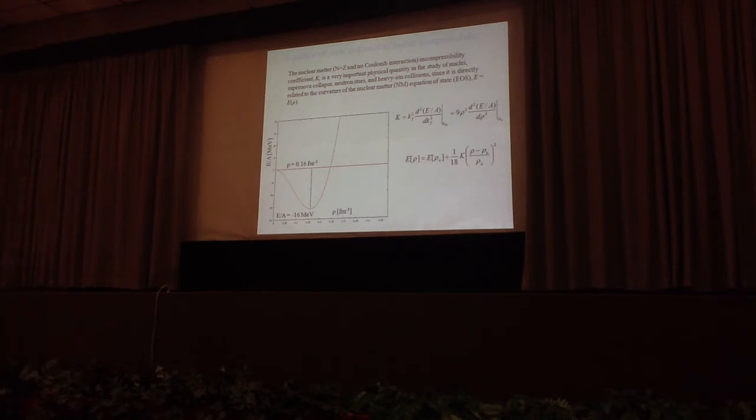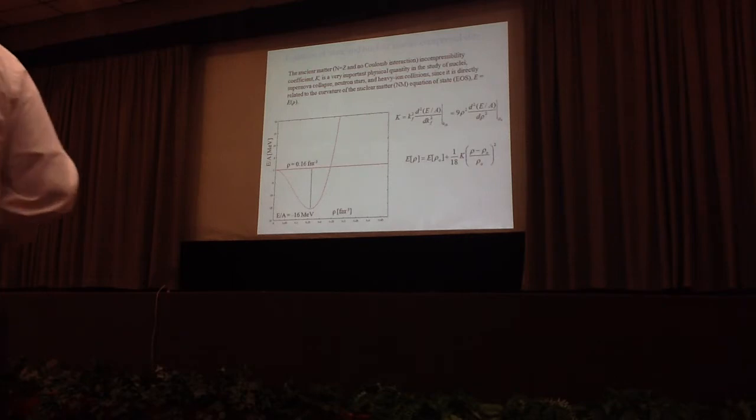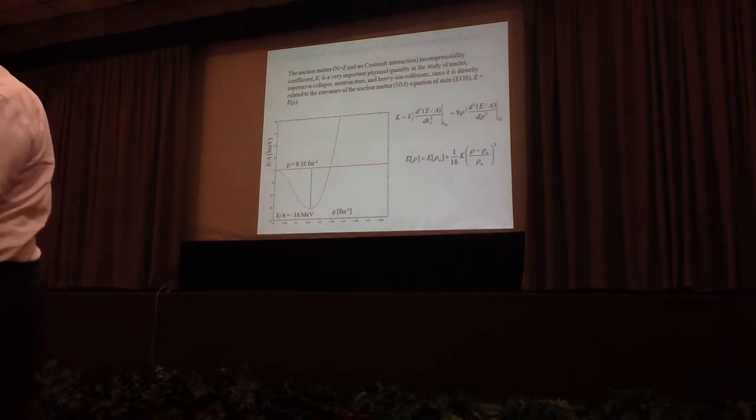If we start from a two-body interaction, one can calculate the binding energy per nucleon as a function of density. This is what is called the equation of state. One gets a curve that has this shape.